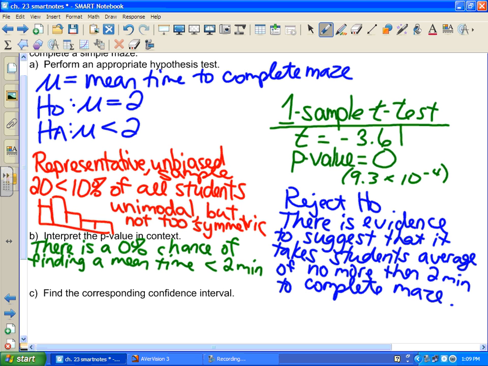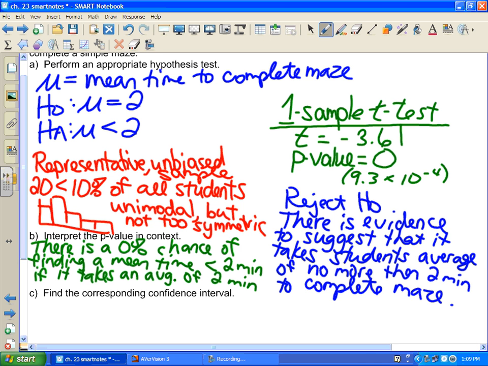But don't stop there. If you stop there, it's wrong. That's not what the p-value is. That is the probability given that the null is actually true. So there's a 0% chance of finding a mean time that's less than 2 minutes if, say, it takes an average of 2 minutes.